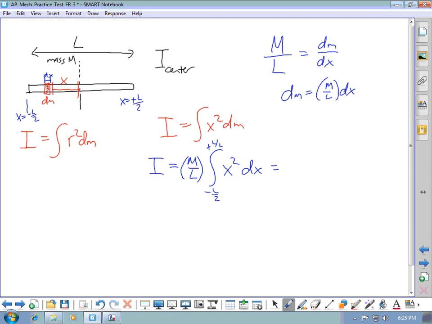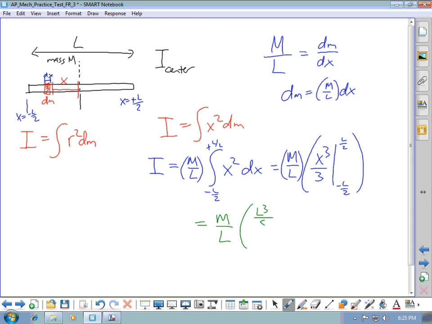The integral of x squared dx is x cubed over 3. So this is m over L times the quantity x cubed over 3, evaluated from negative L over 2 to positive L over 2. So that's m over L, and this is L cubed over 8 divided by 3 minus negative L cubed over 8.